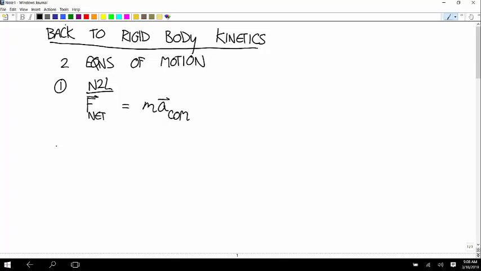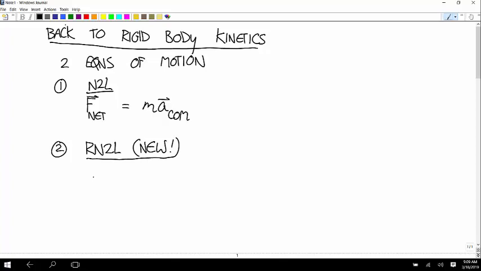And then the second one, this is the new one, is the rotational version of Newton's second law. It's not new like you saw it in Physics 1, but we didn't have anything like this in particle kinetics.